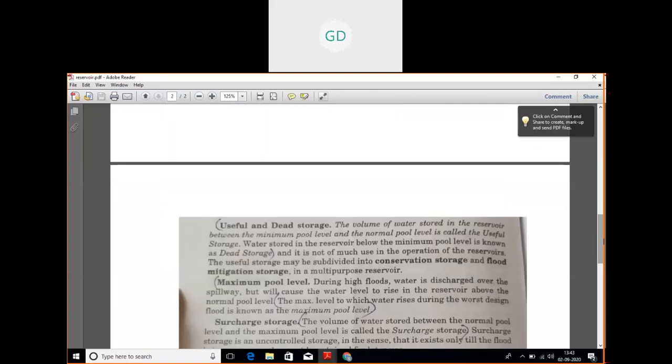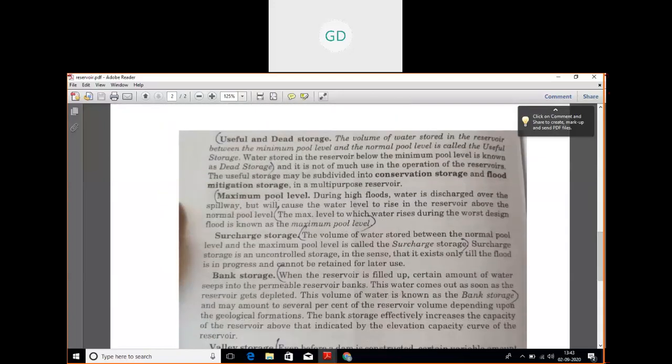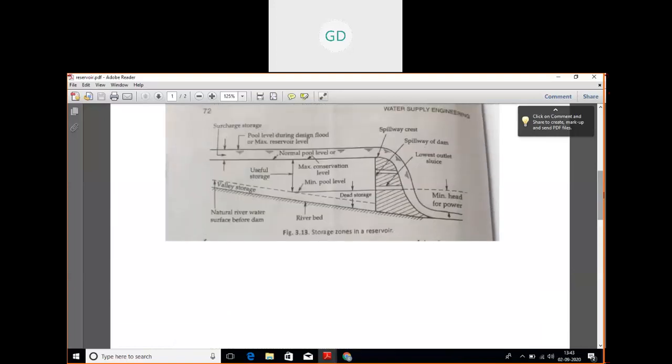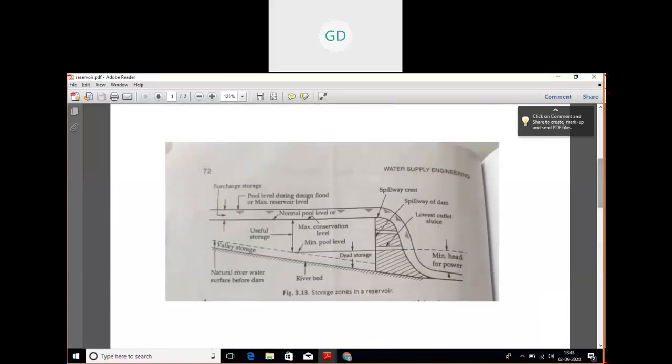Next let us see the maximum pool level. When floods occur, it is the worst condition. The normal pool level, which we consider a normal level during normal conditions, rises during floods.